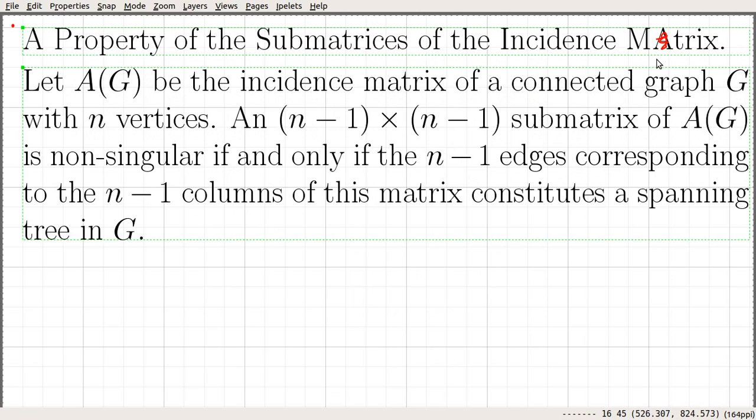So the statement reads as follows: let A of G be the incidence matrix of a connected graph G with n vertices.